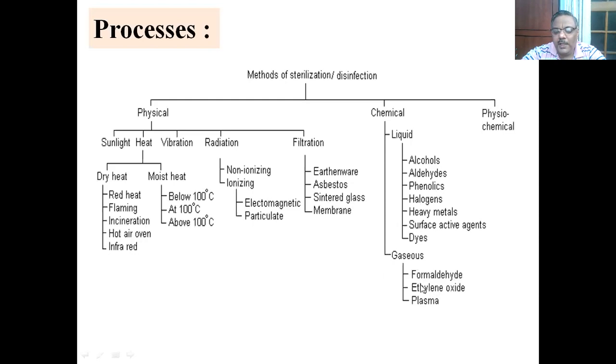We will be limiting our discussion to gaseous plasma. And physiochemical are the combination of the physical and chemical. That is up to you to combine any two physical and chemical processes. And the combination should be such that it should not affect the surface.